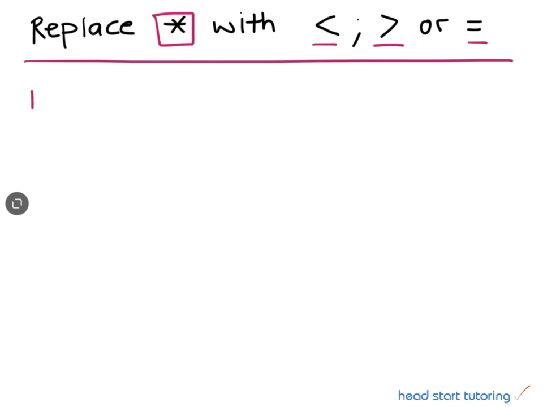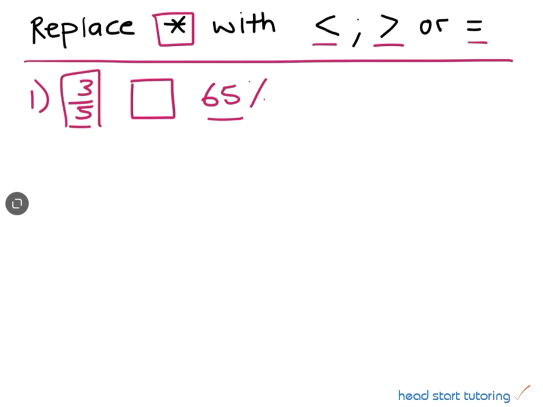So if we have 3/5 and 65%, what we need to do is get 3/5 and 65% into the same form. So either get 65% into a fraction and then get an equivalent fraction between those two in order to compare the numerators, or we can convert 3/5 into a decimal, and I think that might be the easiest.